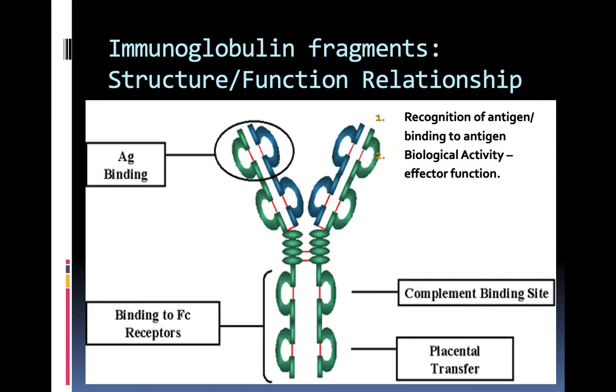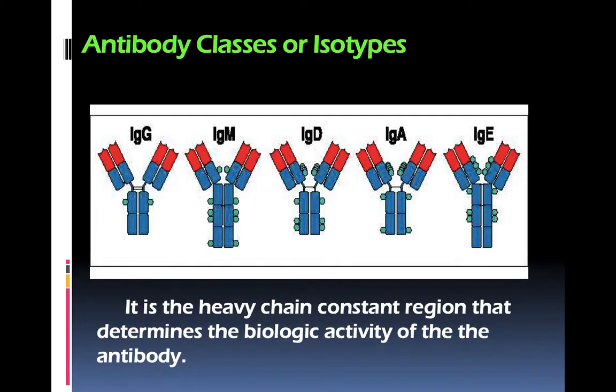We have a set of five isotypes: IgG, IgM, IgD, IgA, and IgE. A good mnemonic here is the word GAMED: IgG, A, M, E, and D.